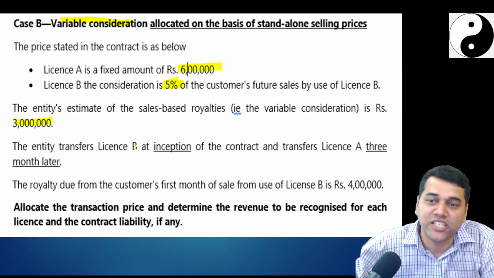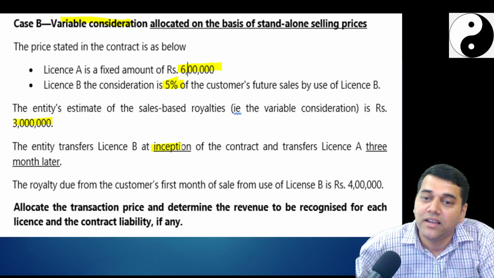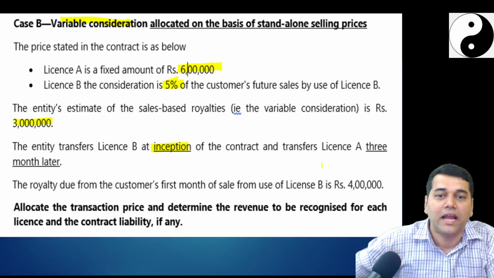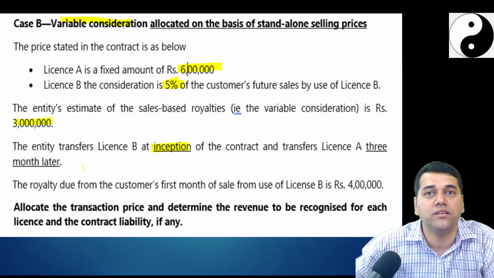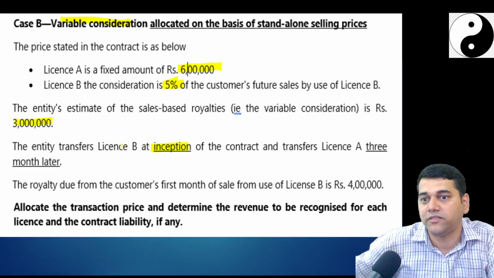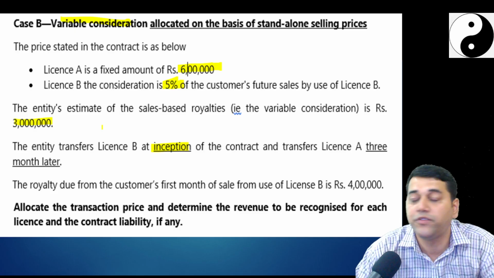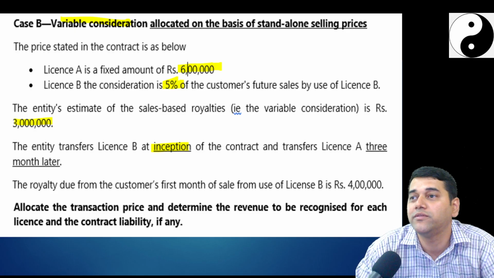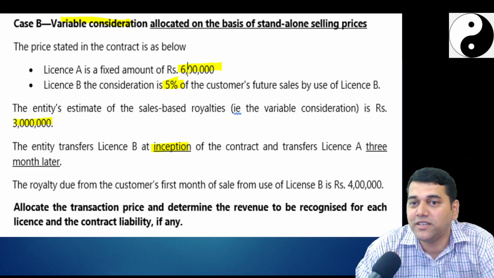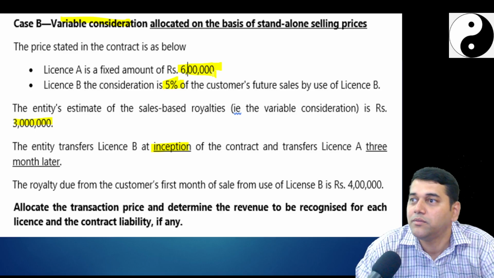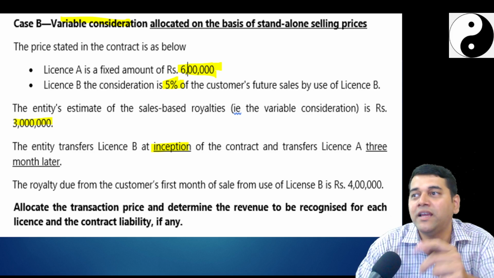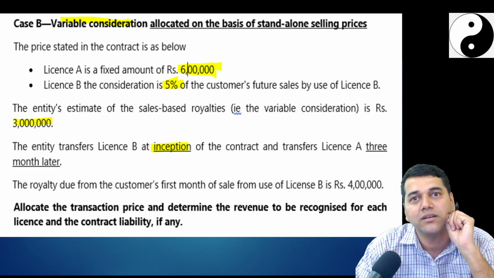Now the entity transfers the license B when? Right now. And contract A after 3 months. But problem is, this variable consideration whom you should give? Fixed consideration whom you should give? Both. Both should give. Why? Otherwise your allocation objective is not met.